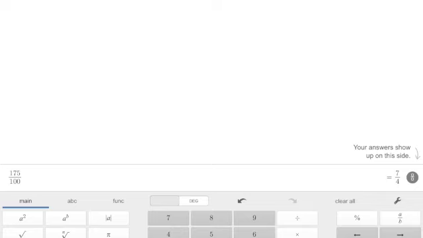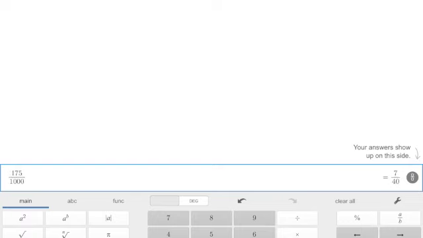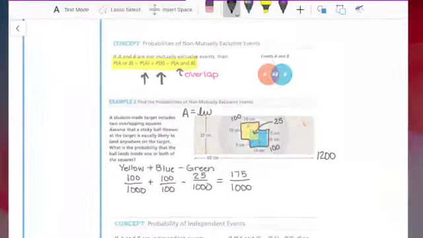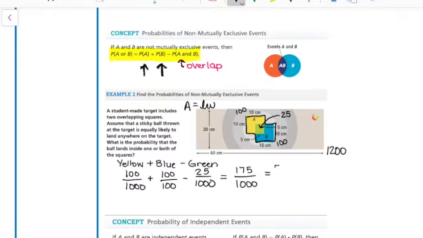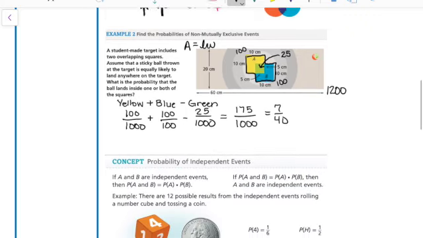That's the fraction. It will make it a fraction for you. I messed up. That should be 1,200. There we go. And so my fraction is 7 over 48. You are welcome to turn that into a decimal or a percentage.